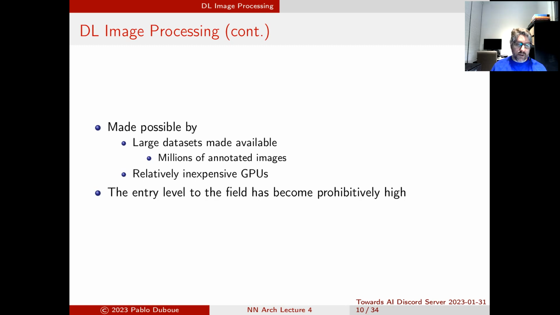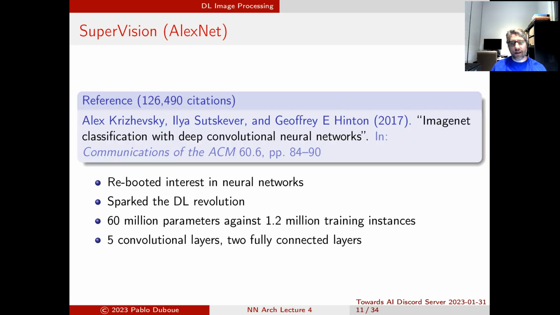However, as we keep approaching human level on certain tasks, while for certain others we are still very far, the entry level to the field has become prohibitively high. It has been interesting for me preparing this lecture and seeing that papers 12 years ago had experiments that were actually run on CPU. Yes, that's definitely not the case anymore.